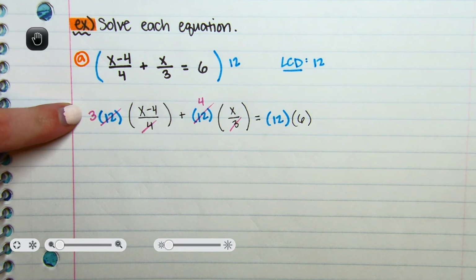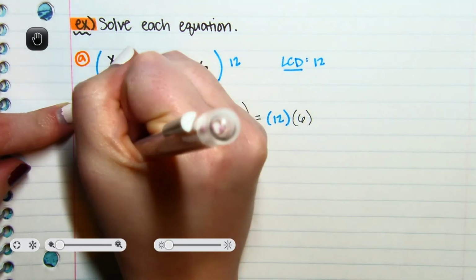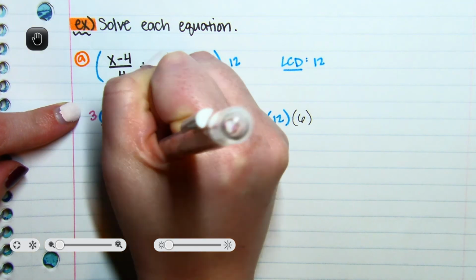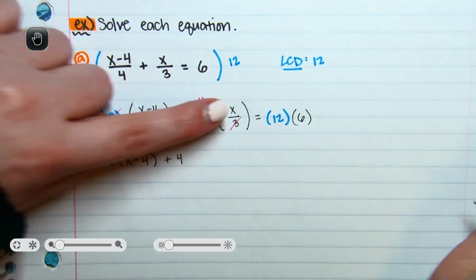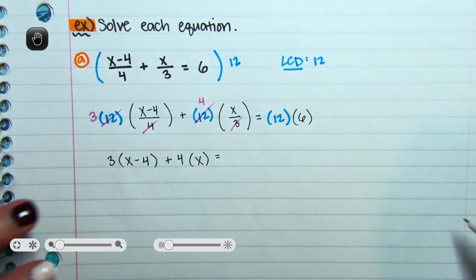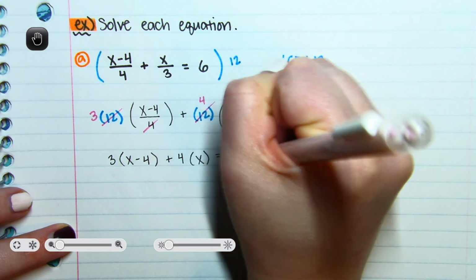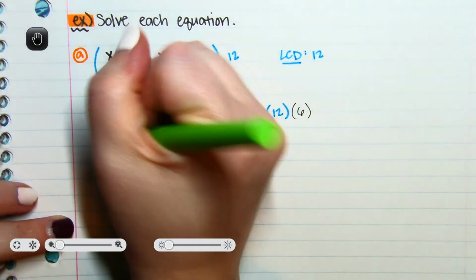So if this one gives me 3, I'm going to have 3 and then parentheses x minus 4, and then plus 4, and all that's left in here now is the x, equals 12 times 6. And you could have just written 72 there if you want. So now we need to distribute this 3.